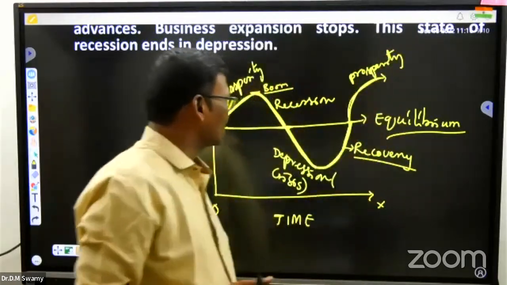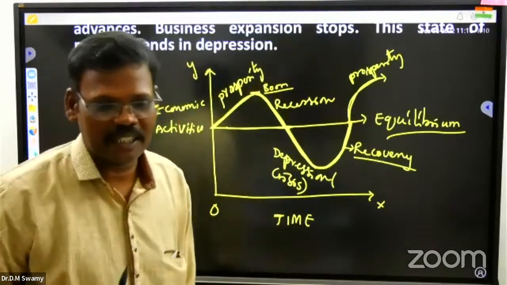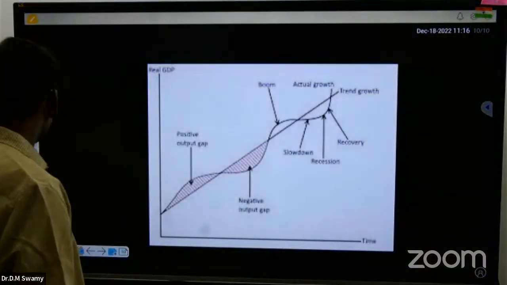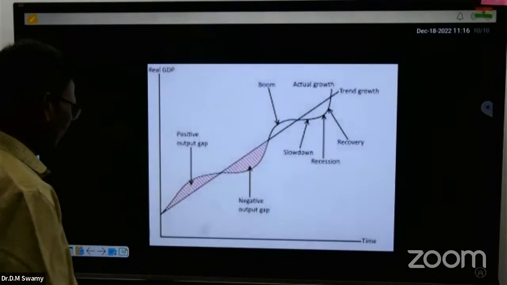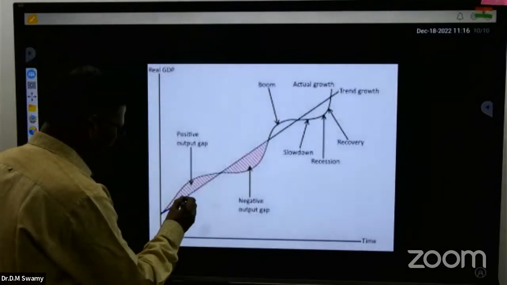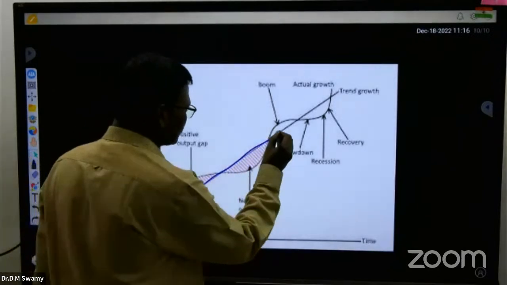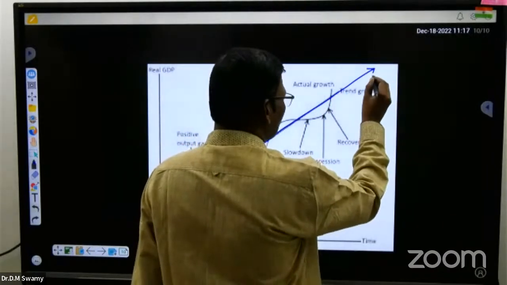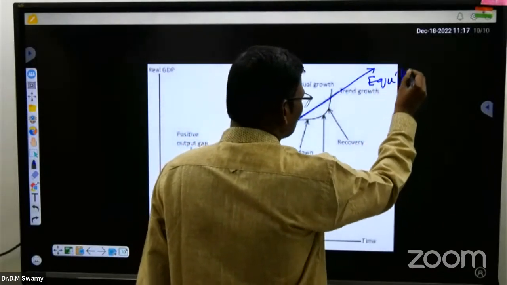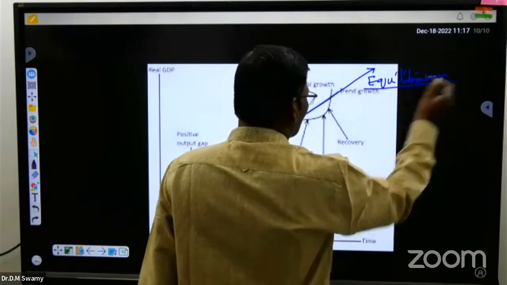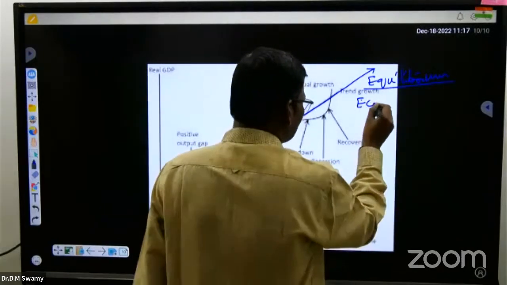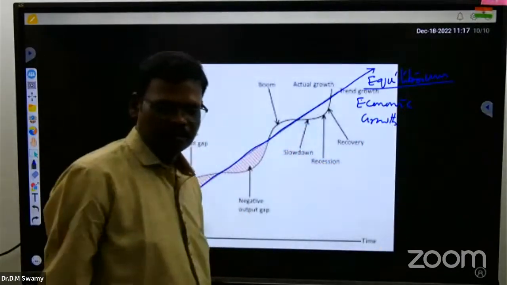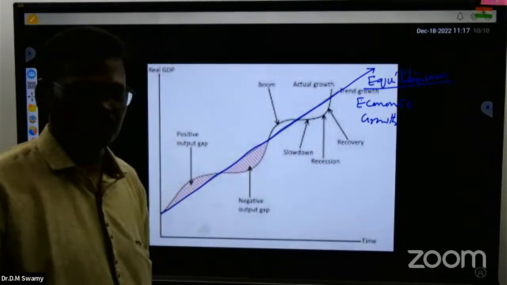Like that, the economic activities will be there in the country. That is what we explained in this diagram. This is called the equilibrium condition of the country, or economic growth, or trade growth.